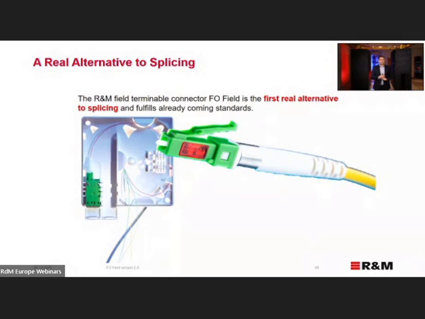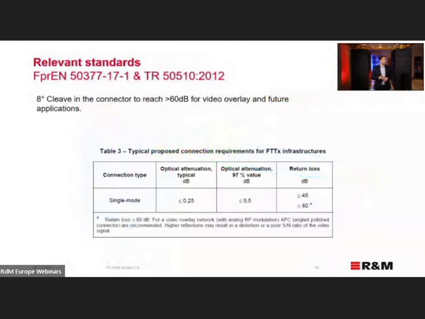So we can say that this connector can replace the necessity of splicing pigtails to fibers. And thanks to the connector, we can go with the fiber optic to places where usually it would be challenging with a splicing machine or other techniques.